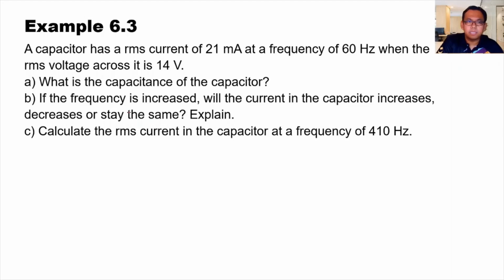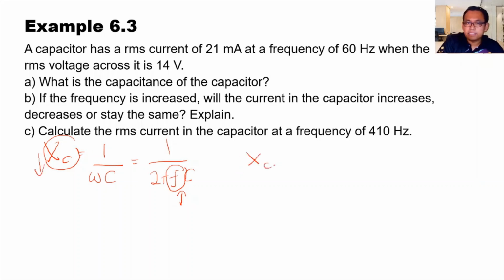If the frequency is increased, will the current in the capacitor increase, decrease, or stay the same? Explain. Okay, we know the capacitive reactance XC is equal to 1 divided by angular velocity capacitance, which is 1 divided by 2 pi frequency capacitance. If the frequency is increased, the capacitive reactance will decrease, and when the capacitive reactance decreases, the opposition also decreases.